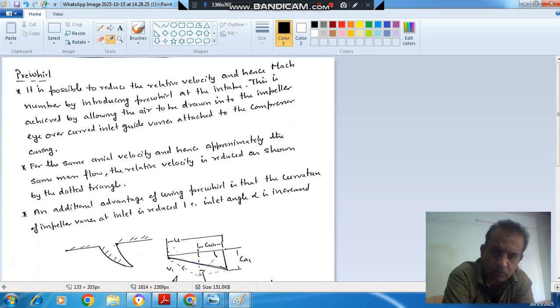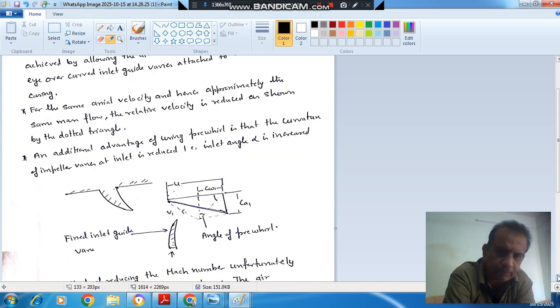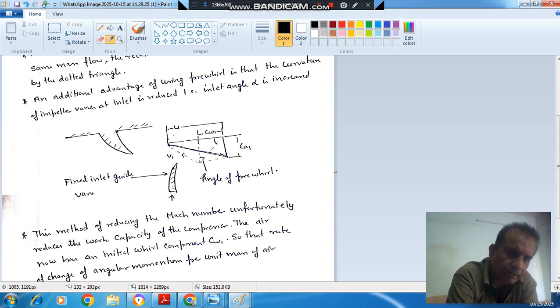Now, in case of Prewhirl, we provide a fixed inlet guide vane before the actual inlet. This inlet guide vane provides some whirl component of velocity. So this is your whirl component of velocity, and then this becomes the actual velocity. Initially this was V1 without any Prewhirl. Now this is your V1.